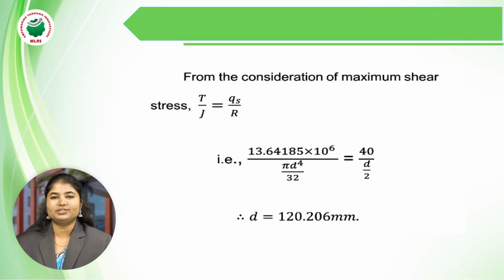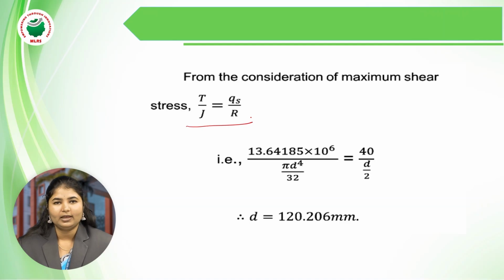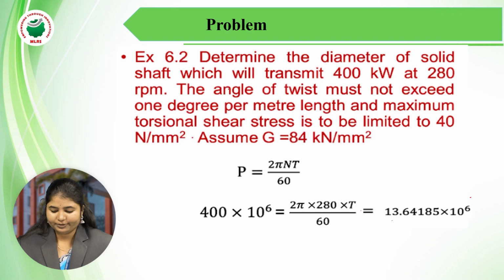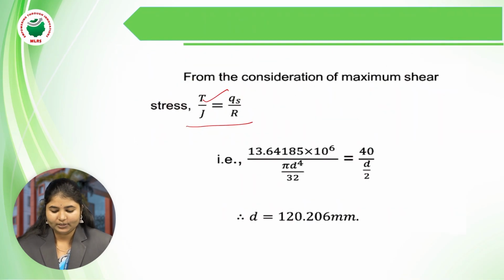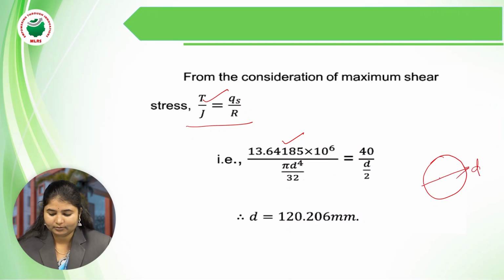From the consideration of maximum shear stress, the formula is T by J equals q_s by R. We got the torque value in the previous slide, 13.64 into 10 power 6, divided by J, the polar moment of inertia. If we consider a circular shaft with diameter D, the polar moment of inertia J is equal to pi into D power 4 by 32.